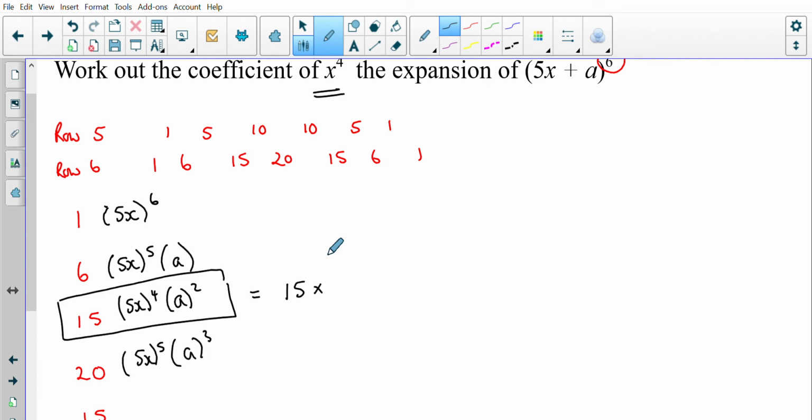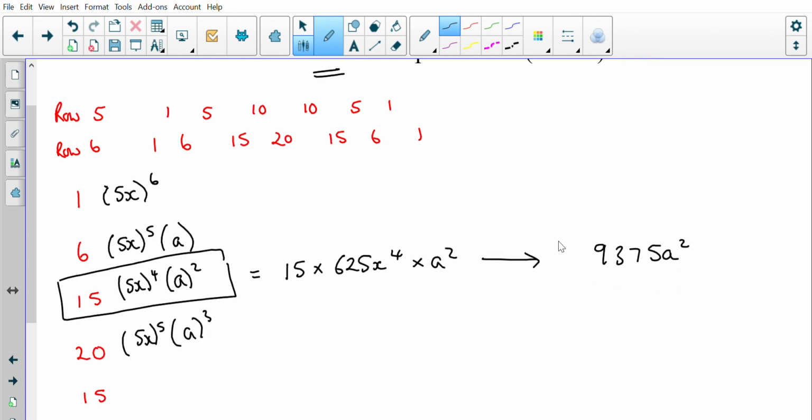So 5 to the power of 4 is 625. x to the 4 times a squared. So my coefficient of the x to the 4 term, if I do 625 times by 15, I get 9,375. a squared is my coefficient of my x to the 4 term.